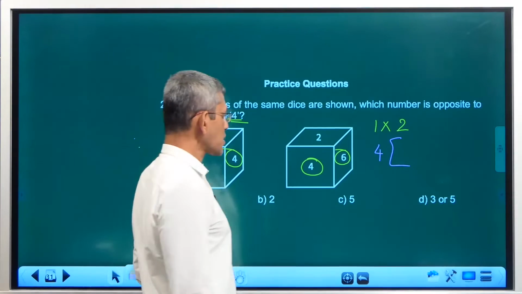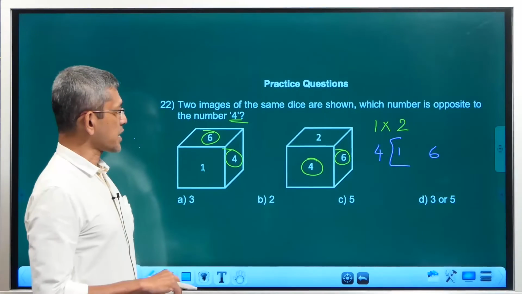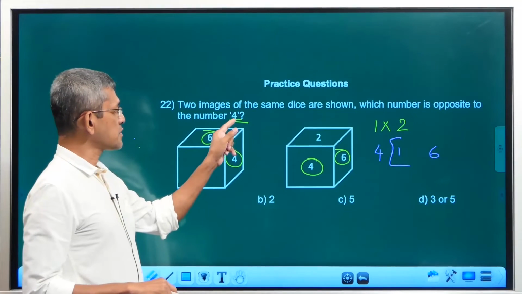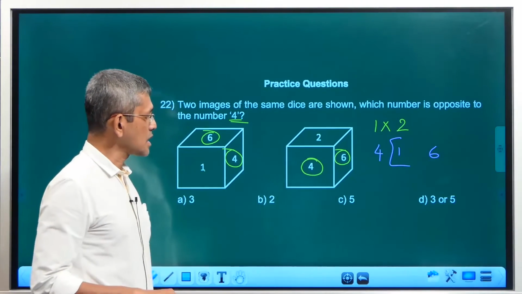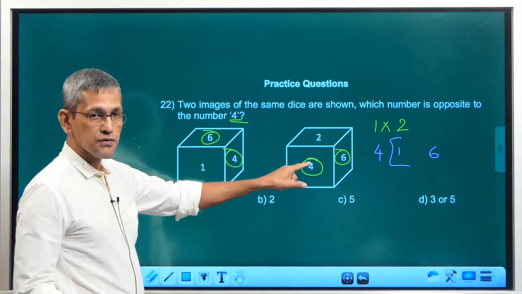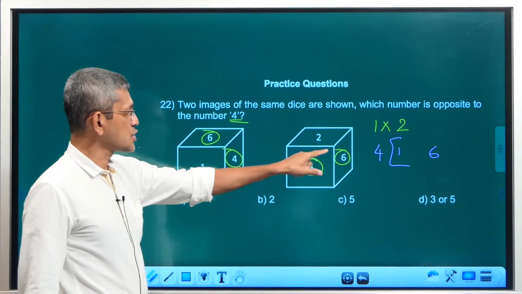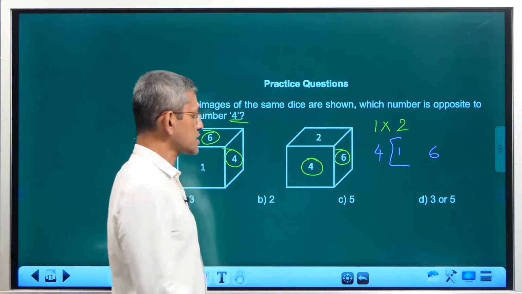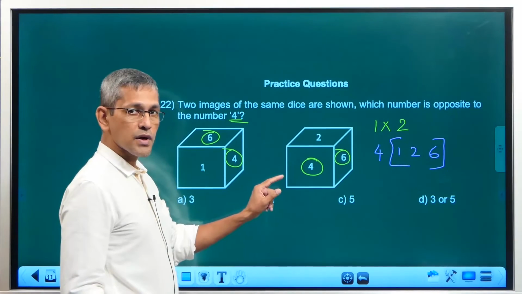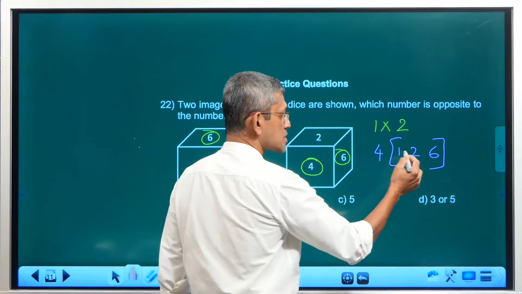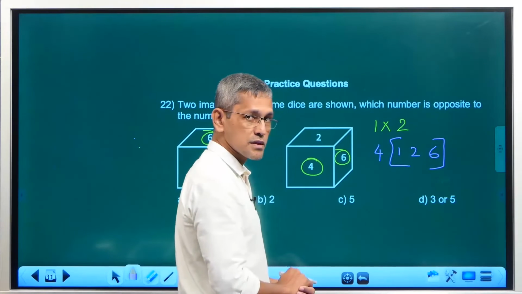So 4 cannot be opposite to 1 and 6. Right? So we are looking for the number which can be opposite to 4. And in the second image, 4 is adjacent to 2 and 6. So in this case, what do you get? 4 is adjacent to 1, 2 and 6.